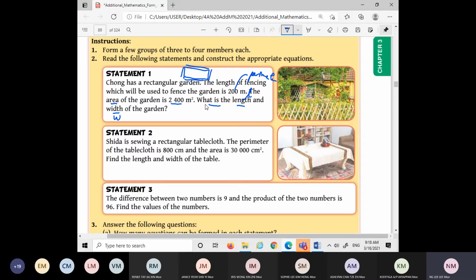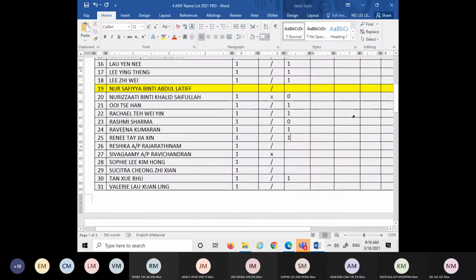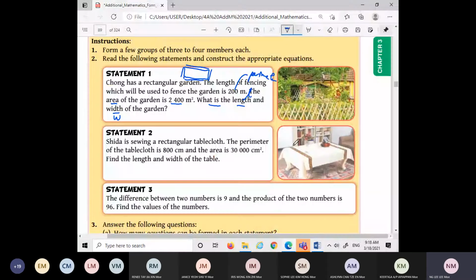Let us start with perimeter equals to 200. Can I have Rishika? Perimeter equals to 200. Help me to form an equation based on this statement.